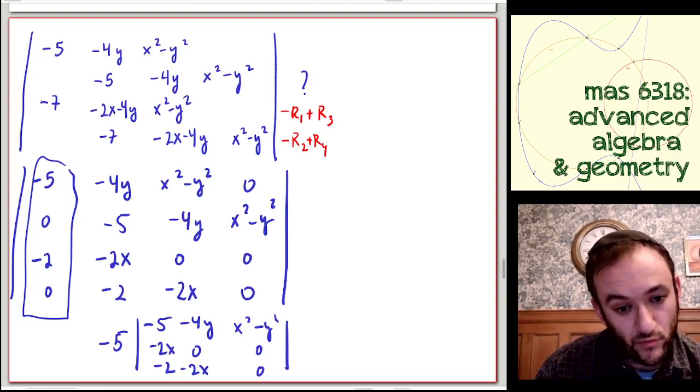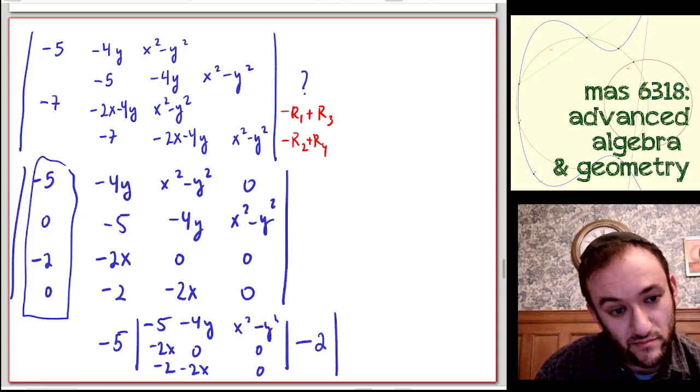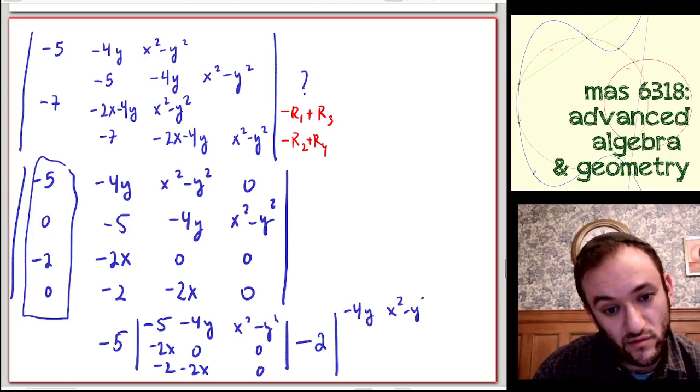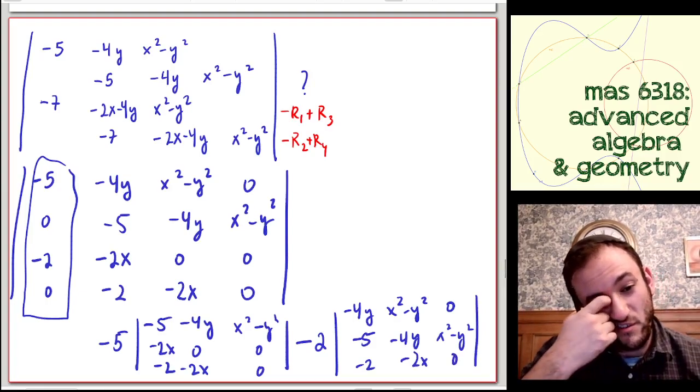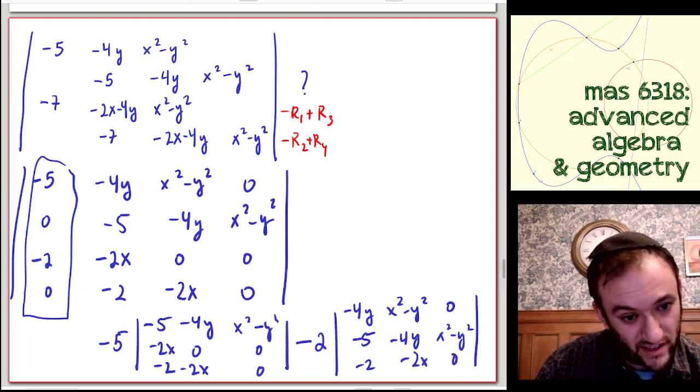And we'll write that down in a moment. So we have minus 2 times minus 4y, x squared minus y squared, 0, minus 5, minus 4y, x squared minus y squared, minus 2, minus 2x, 0. Okay, now let's bring that to the next page.